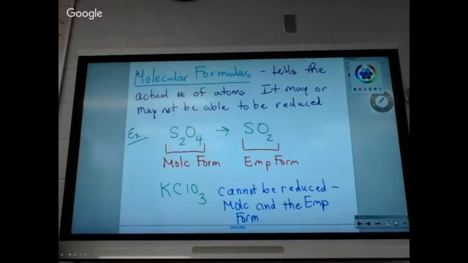Now, we want to learn to calculate the molecular formula. For some reason, students like the molecular formulas less, so they remember them less. When we do the benchmark in a few weeks, the vast majority of you will remember the empirical formula and do really well with that. The molecular formula, more of us will forget. I don't know why. It's easier, but people forget it.